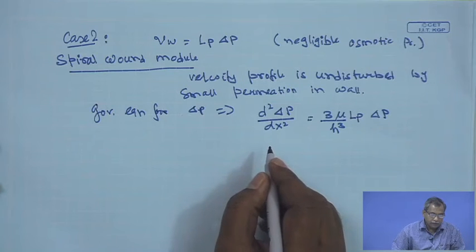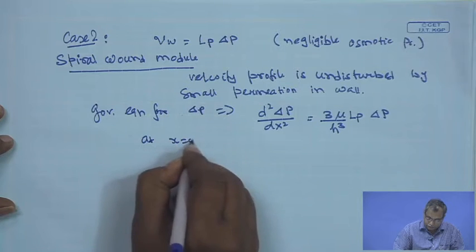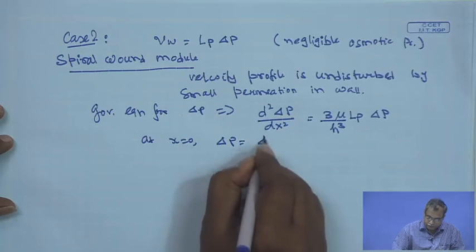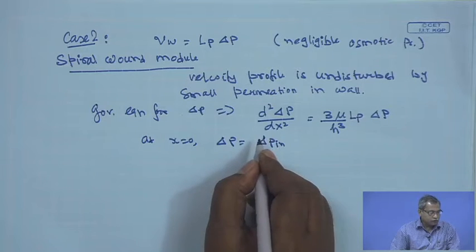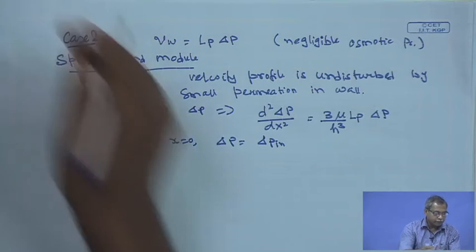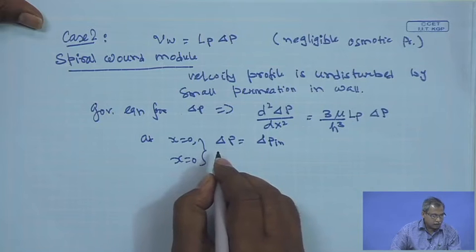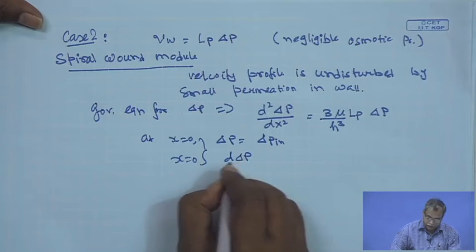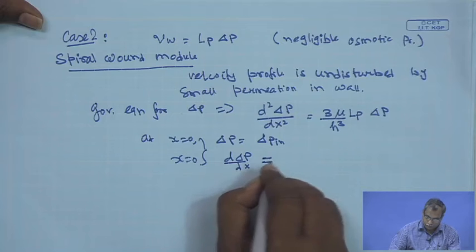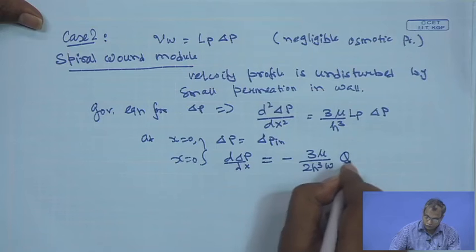And the boundary conditions that we have already utilized earlier: one was the pressure drop at the inlet at x equal to 0, where delta p is known to us, and also the flow rate is known to us at the inlet condition, so at x equal to 0, d delta p dx is equal to minus 3 mu divided by 2 h cube w times q in.